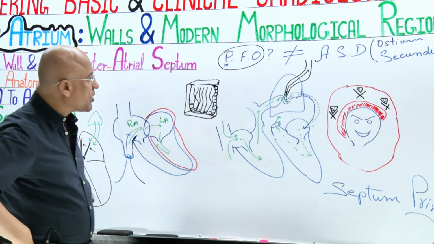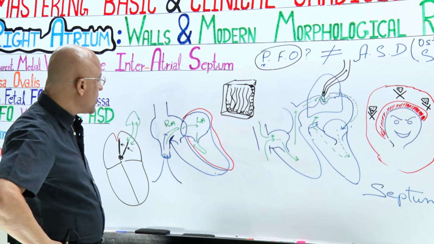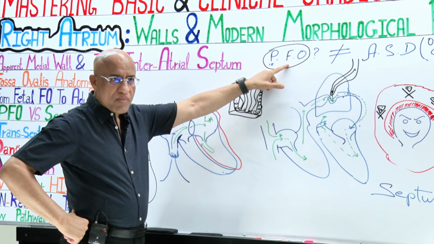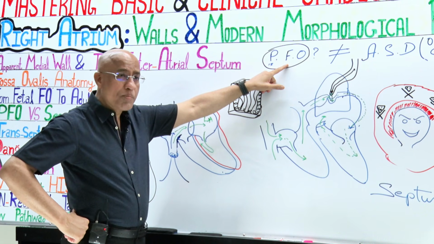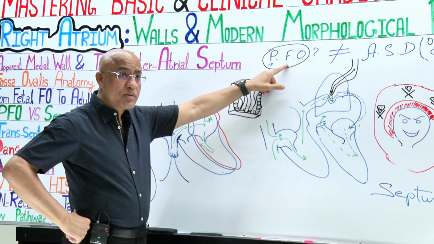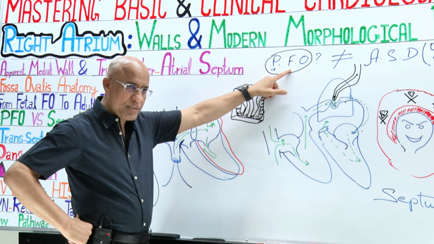Here there is a very important thing. In patent foramen ovale, how common is it? 25% of the population.